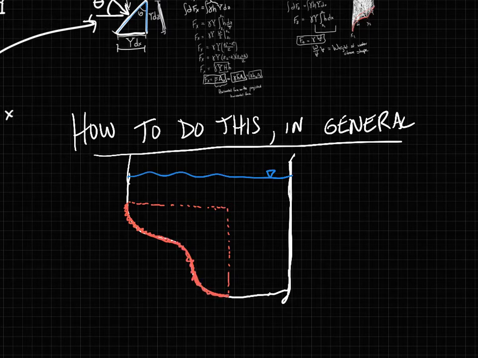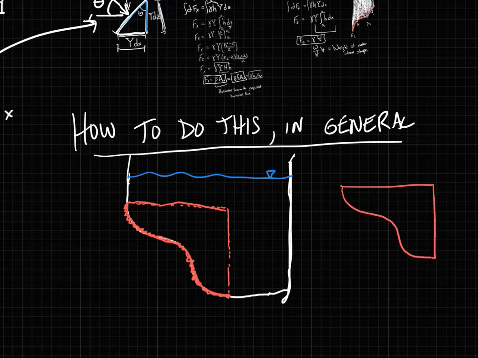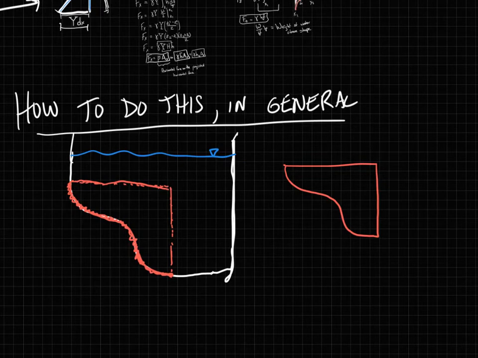So we draw a line vertical from its X edge and horizontal from its Y edge, so that I can get something that makes sense to me. Now I'm going to draw a free body diagram, FBD, of that random shape.